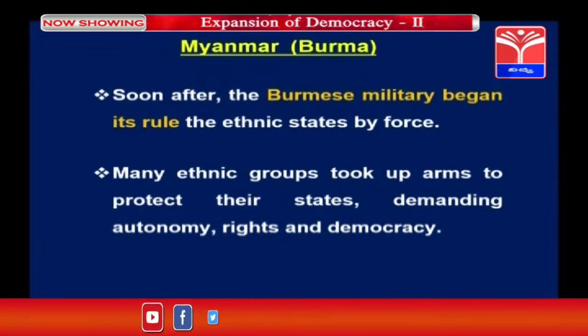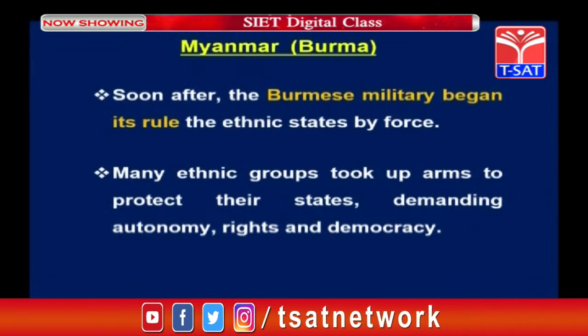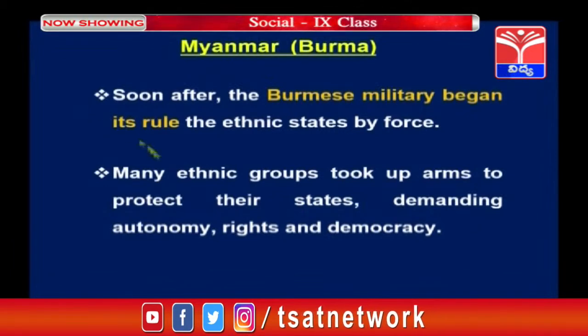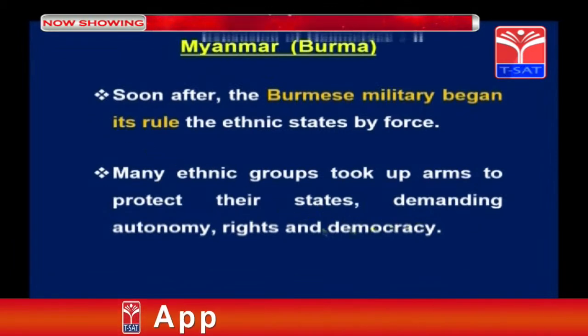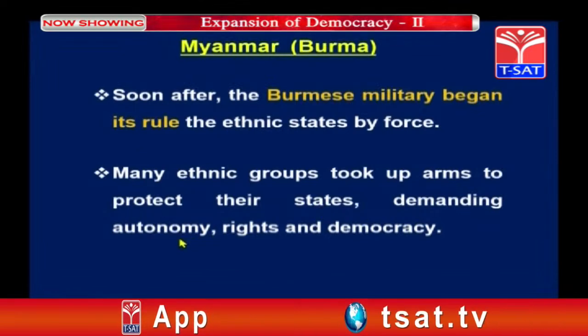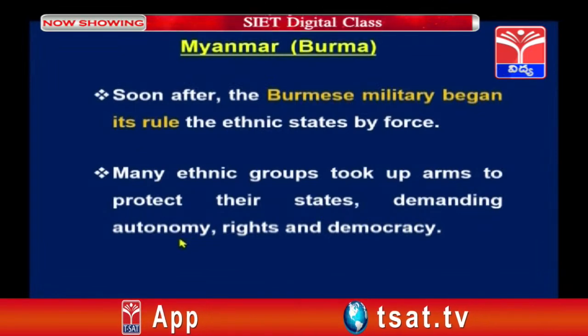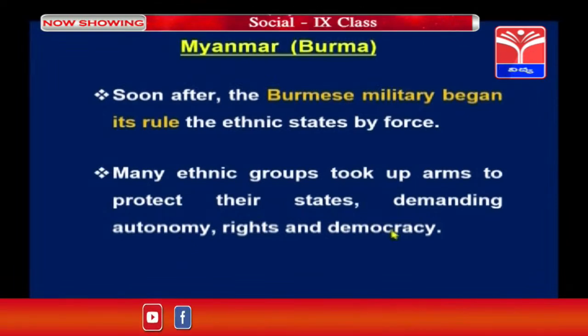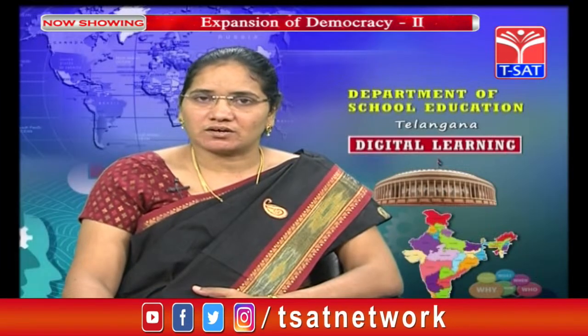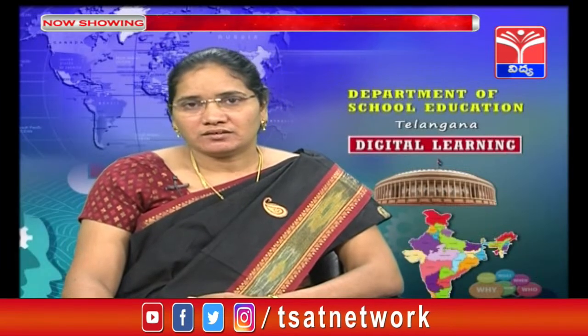They took up arms. Arms means what, children? Weapons. They took up weapons to protect their states, demanding autonomy. Autonomy means governing itself independently, and rights and democracy. So they wanted to rule themselves, not be under military rule.